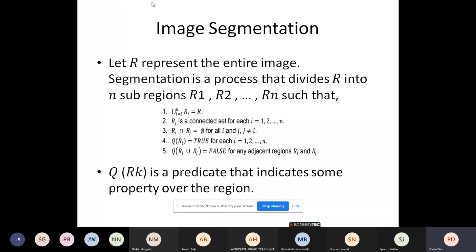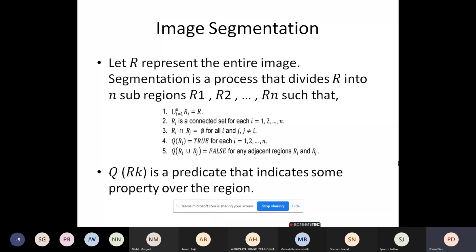For this, there is some fundamental aspect that is required for an image in a spatial region, because here we are considering R as a representation for the entire spatial region occupied by an image.